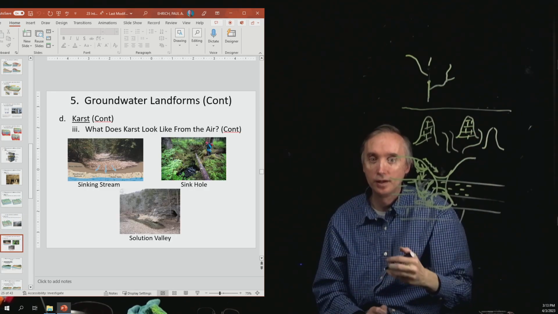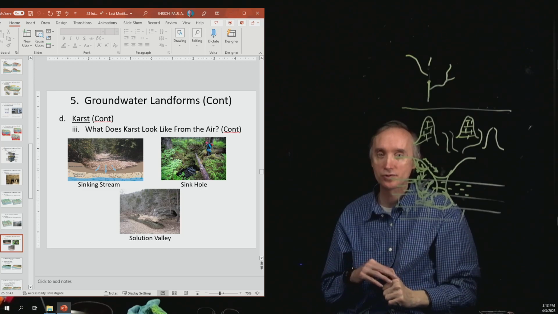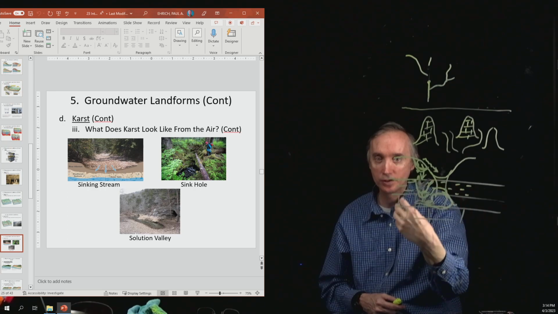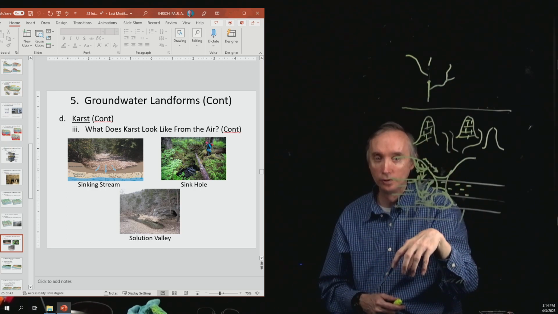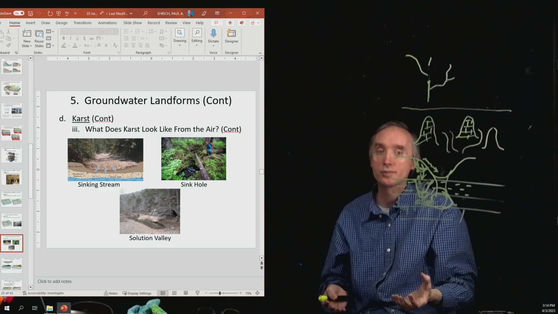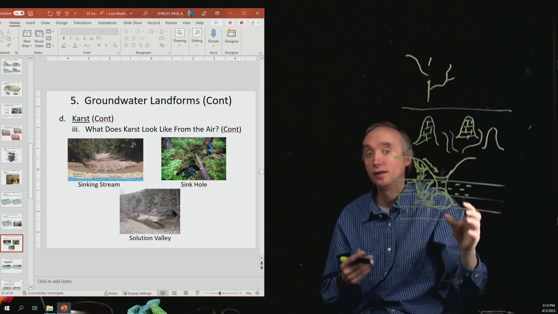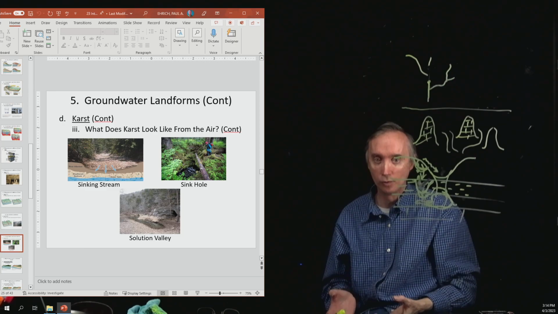Okay, so here is a picture of a sinking stream, so the water is coming towards you, and then you see that the water is emptying into a pool, and then it just stops there. So the water does not continue on, unless of course it's a very, very heavy downpour of water.